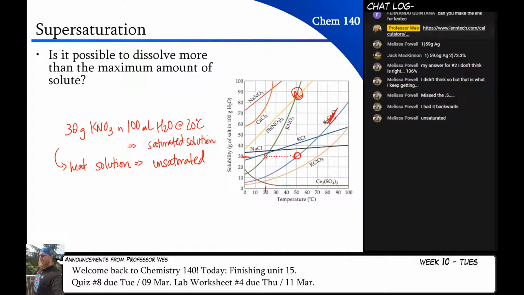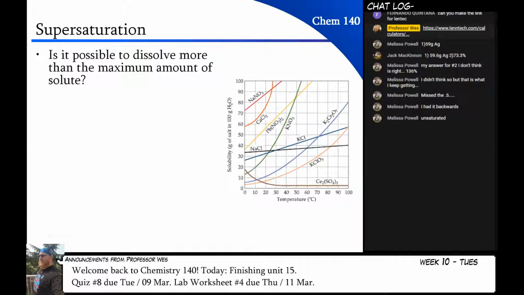Okay, now what we're going to do is we're going to work backwards. We're going to start up here. So this is about 85 or so. And this is at 50 degrees Celsius. And this solution would be saturated.